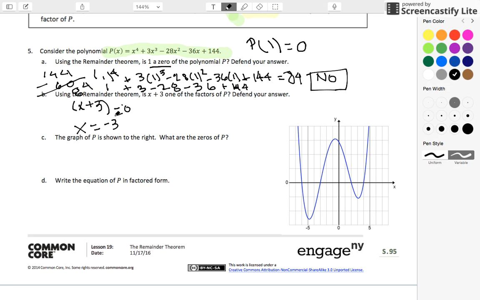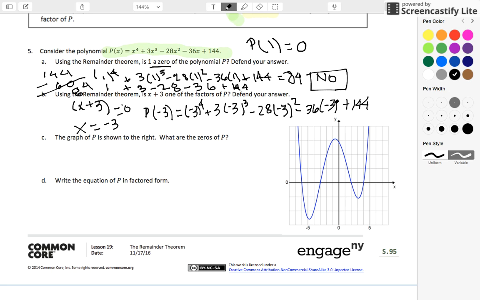Now I would do the same thing. This time I'm going to substitute -3 into the function and determine if I get 0. So p of -3 is equal to -3 to the 4th power plus 3 times -3 to the 3rd power, minus 28 times -3 to the 2nd power, minus 36 times -3, and then plus 144.